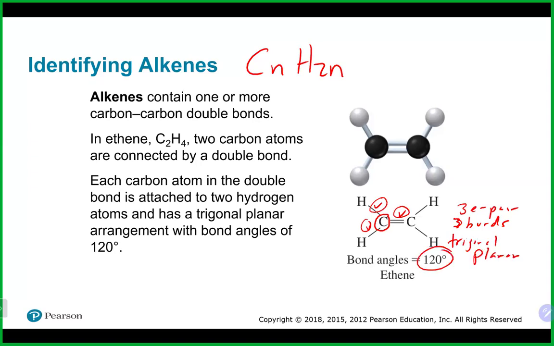We actually see a 120 degree bond angle. These are not as zigzaggy in a sense as our 109.5. They're similar, but they don't have the exact same bond angle as our alkanes do because of that double bond that is there. Again, they make basically that triangle shape there when they make that double bond.